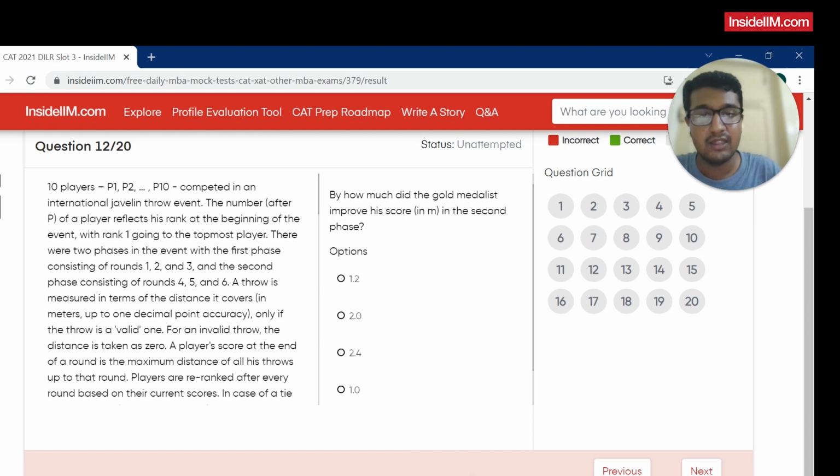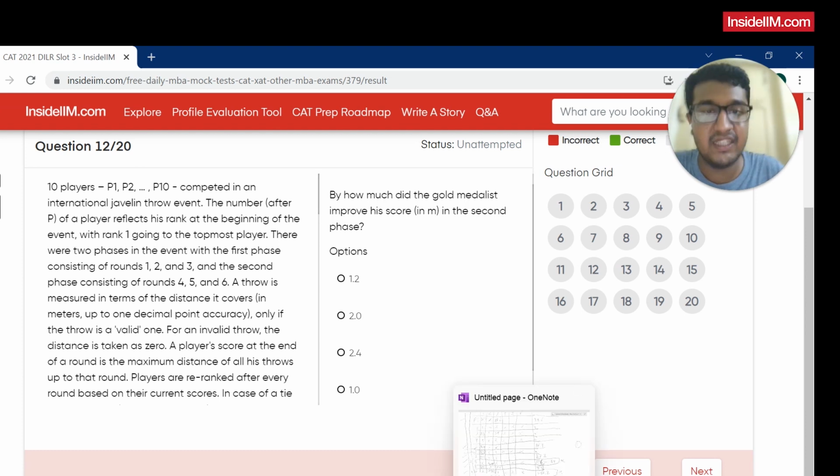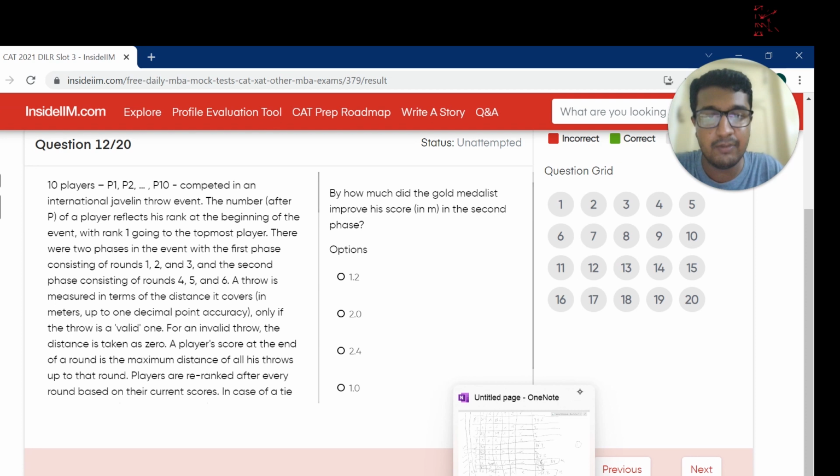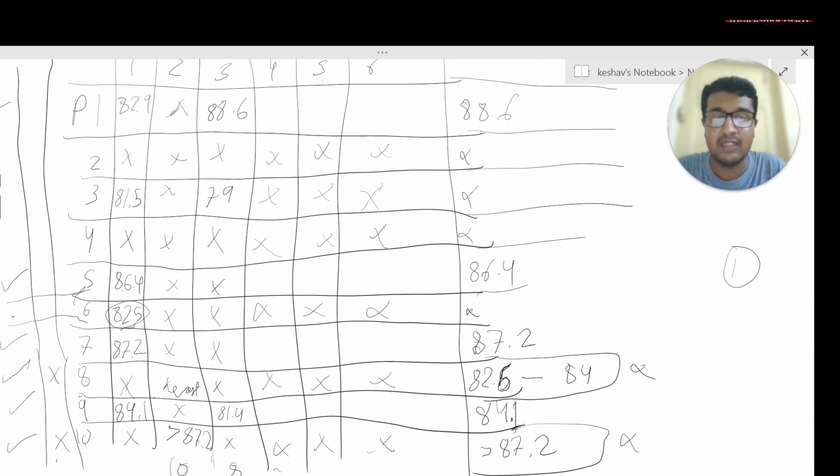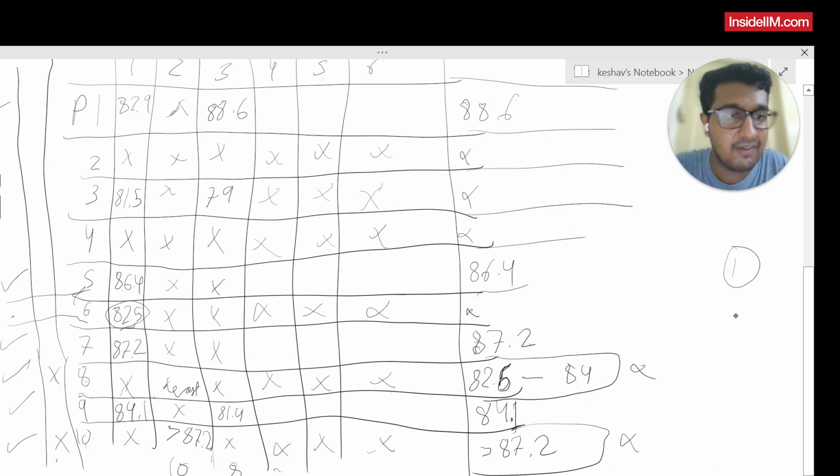Now, using this information, I know either the gold medalist might have improved it by 1 or 0.5, because again I stated in the 4th round we are not sure which player improved his score. So 1 or 0.5, 2.4 or 1.2, 2 or 1, or 1.2 and 0.6. So I have 7 numbers with me technically.